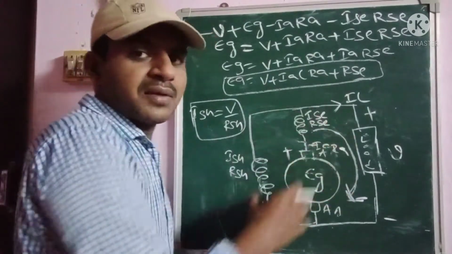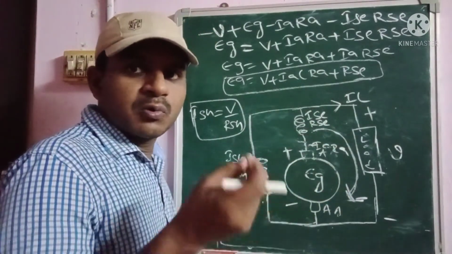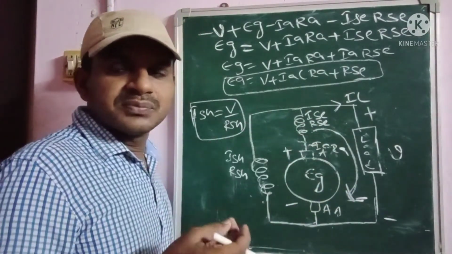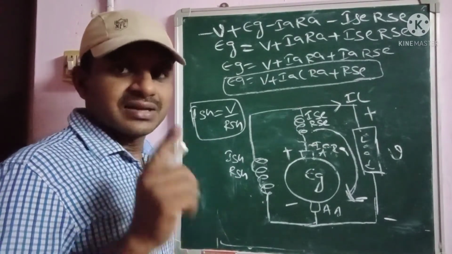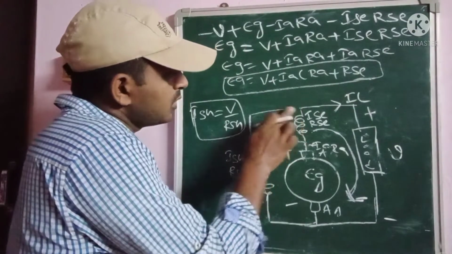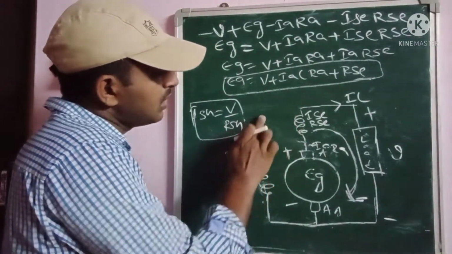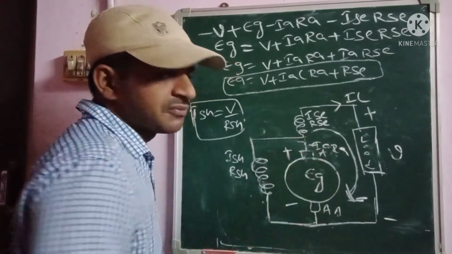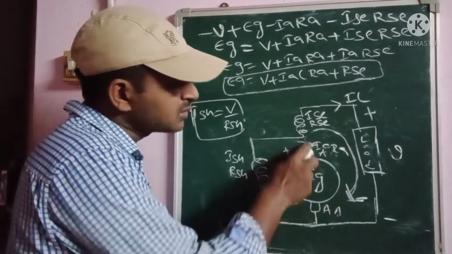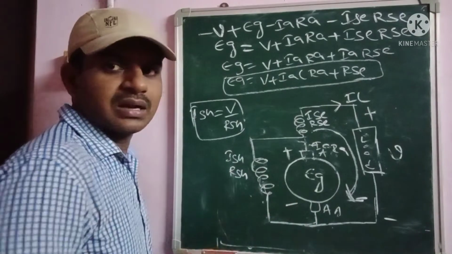After this diagram, if you make a small modification, then we get the short shunt compound generator. The shunt field terminal is connected across both armature terminals, the field winding like this.